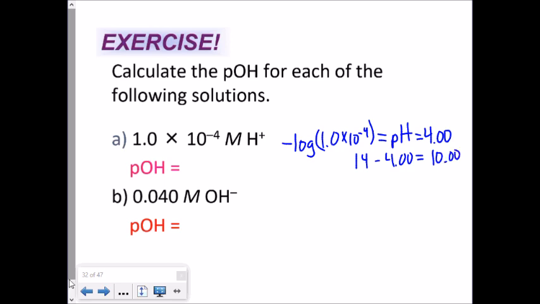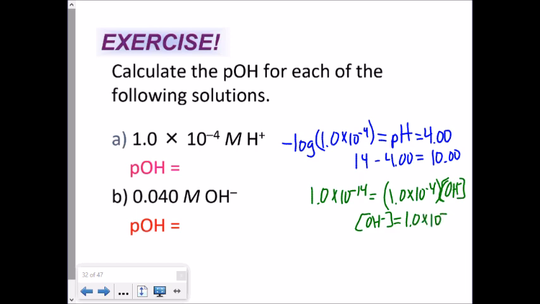But I think what you were thinking also is we could use the 1 times 10 to the minus 14 as the Kw. We could put the hydrogen in here, and then find our hydroxide concentration. The hydroxide should have ended up being 1 times 10 to the minus 10, and then you would have done negative log of that.